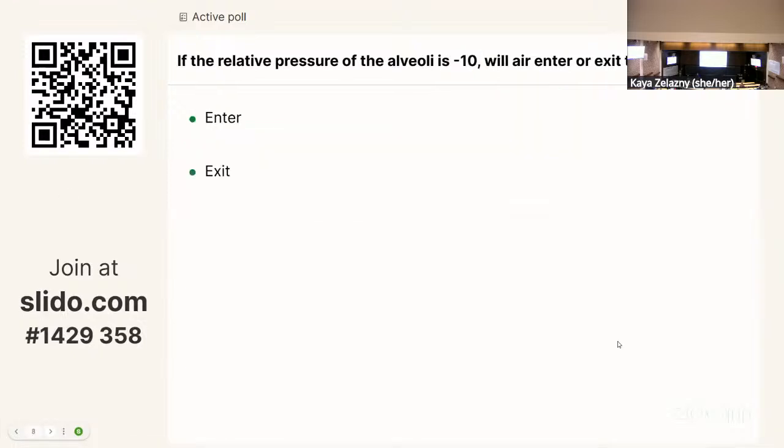All right, so let's try this one more time. Okay, so let's have a negative pressure. So if our relative pressure in the alveoli, PALV, is -10, would air go in or out of the lung?